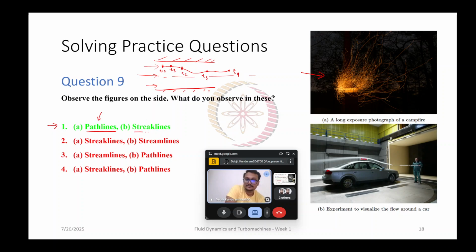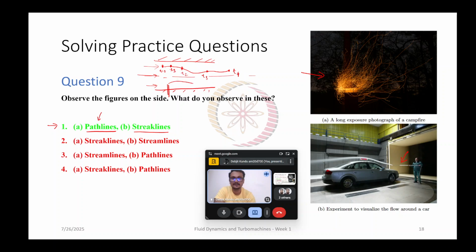Now the next thing is streak lines. What are streak lines? Once again, I go back to my pipe experiment, and instead of just releasing one dot, I have something like this. I put an injector in, and I keep adding more and more of this colored liquid.